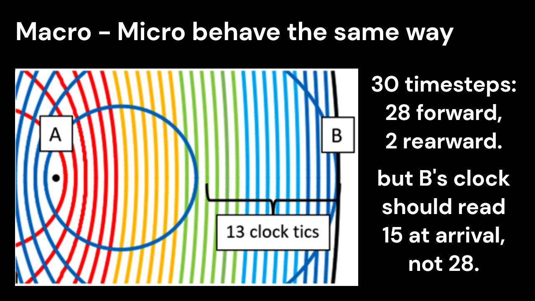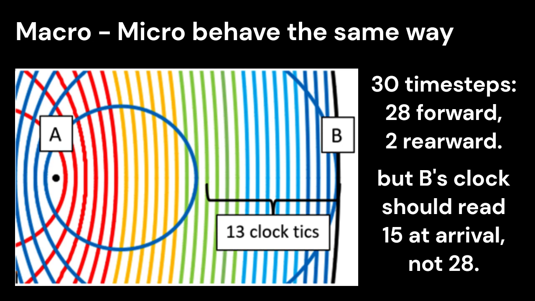So in this situation, A sends a signal at 0. B gets the signal, and it's got some time on its clock. If that clock at B happens to say 28, well, it's supposed to be 15. In order to be synchronized, it's supposed to be midway between A's sending time of 0 and A's receiving time of 30.